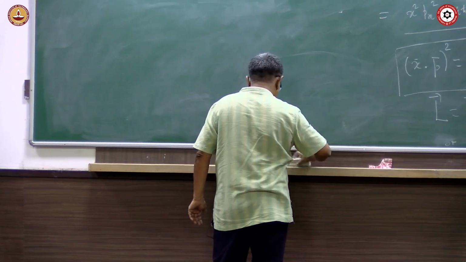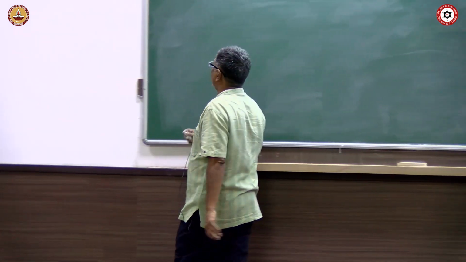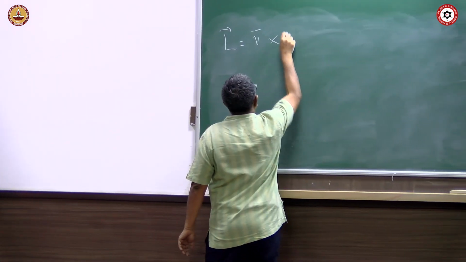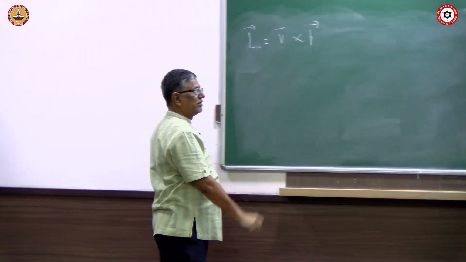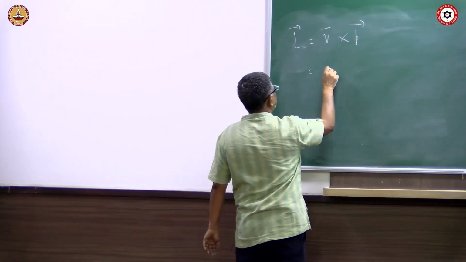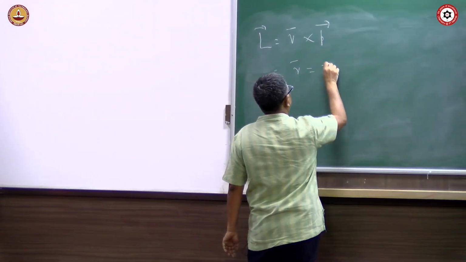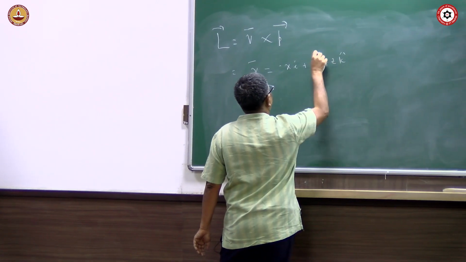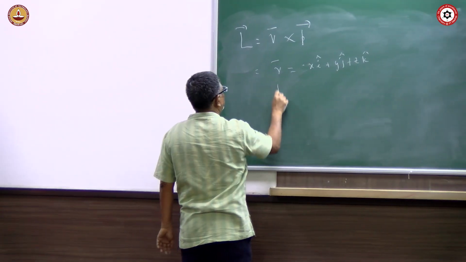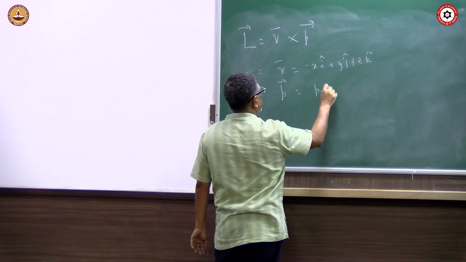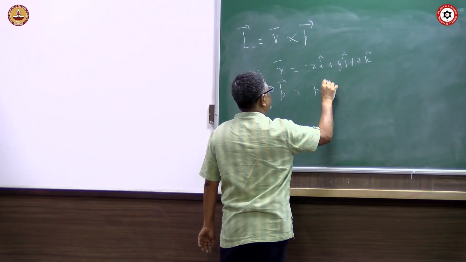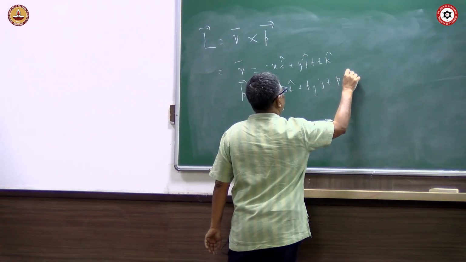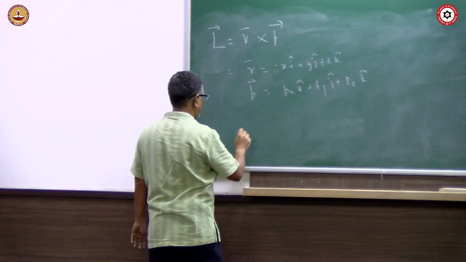You have evaluated this vector in your plus 2 vector algebra, cross product. r vector is x i plus y j plus z k. p also will have a vector p_x i, p_y j, p_z k.